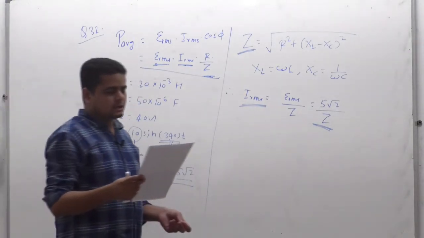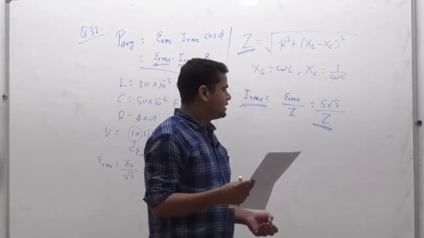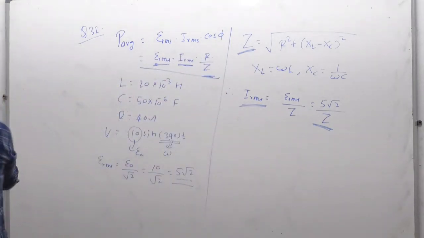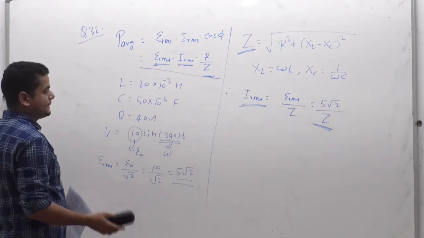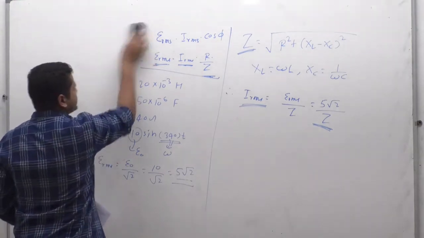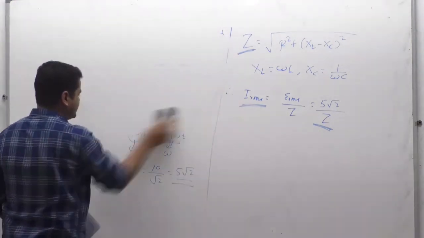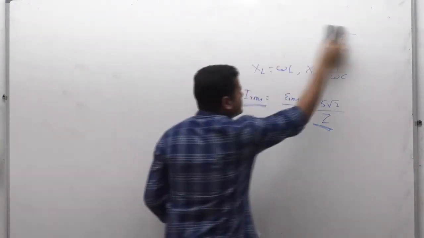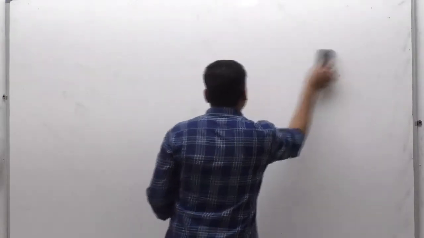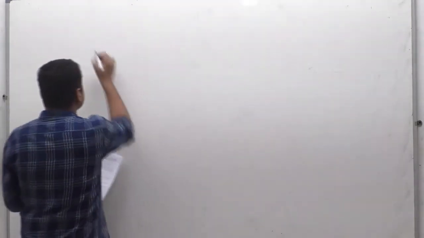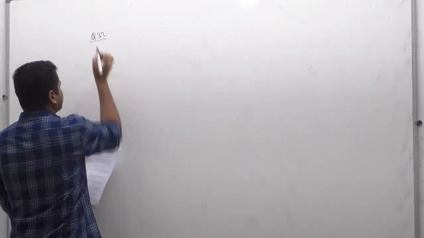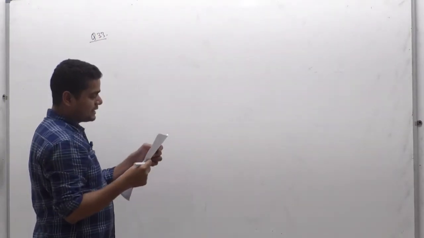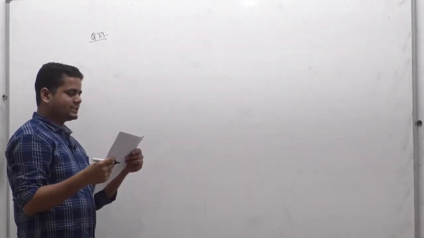Next is question number 33. In 33 questions, what they have given? A uniform string of length L, mass M hangs freely from a fixed point.